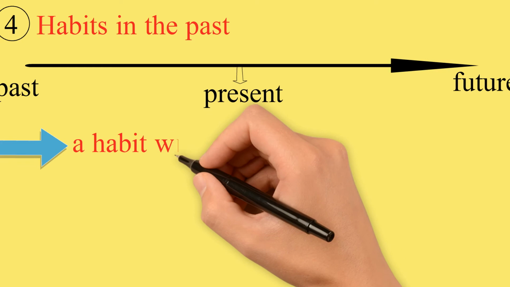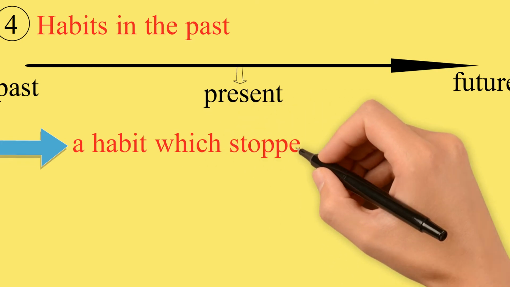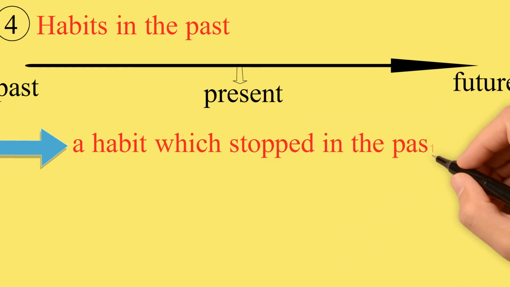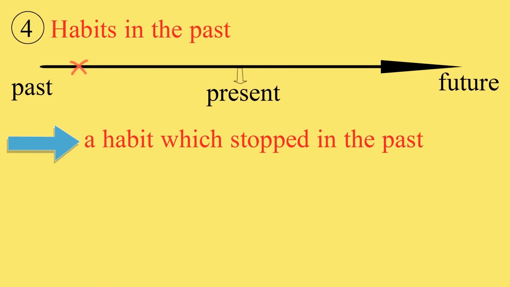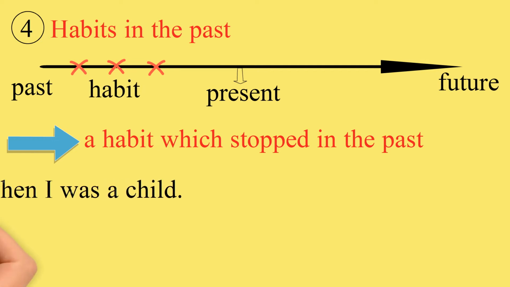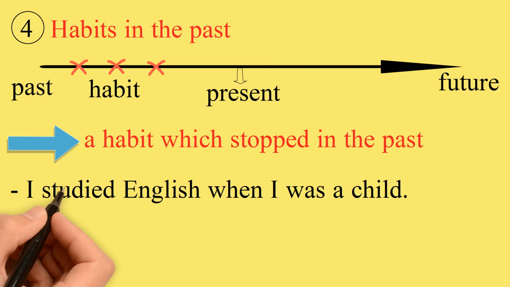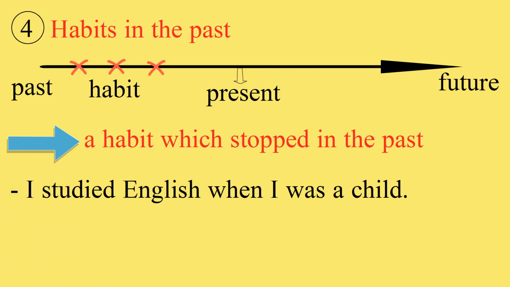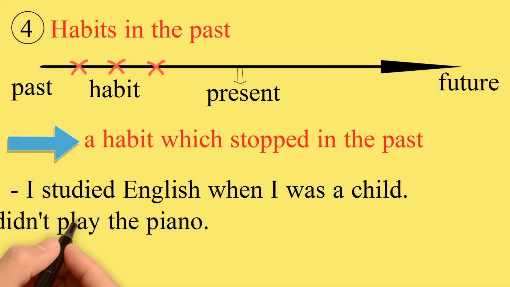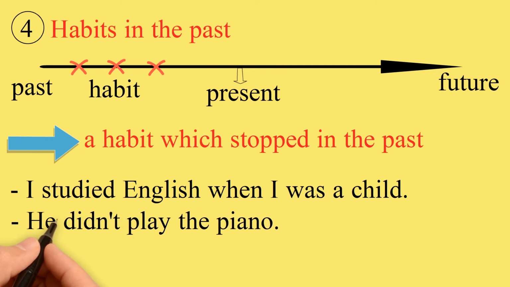To make it clear that we are talking about a habit, we often add expressions such as always, often, usually, never, when I was a child, when I was younger, etc. For examples, I studied English when I was a child. He didn't play the piano. Did you swim in the sea a lot when you were a kid?